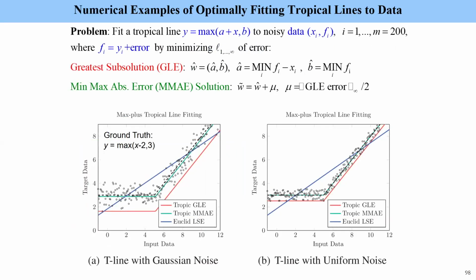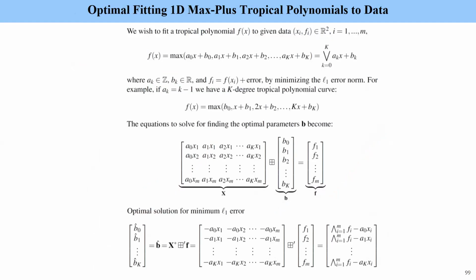And if you have regression problems where your data actually bend, then this is the natural thing to do, to use a piecewise linear regression instead of a least squares linear regression. The same thing can be applied to lines that correspond to polynomials of higher degree. Again, a max plus system of equations that you solve.